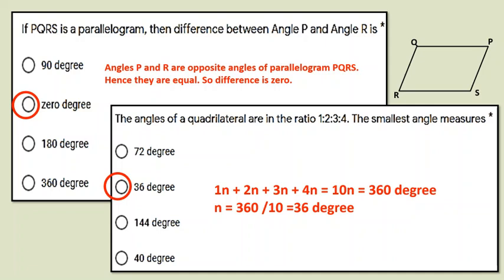X, n, anything, y. That will be 360 degrees. So one variable will be equal to 36 degrees. Therefore, angles are 36, 2 into 36, 3 into 36, 4 into 36. But what is the question? Smallest angle. So just write 36, that becomes the answer.